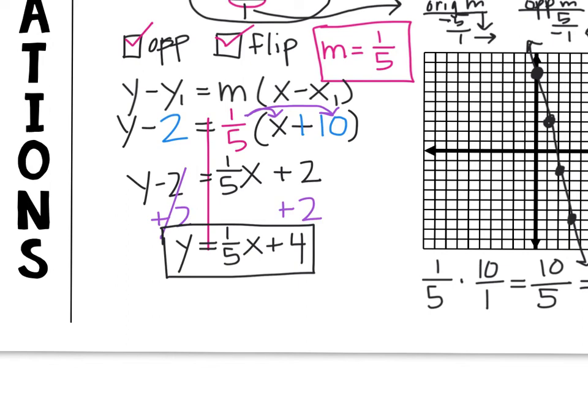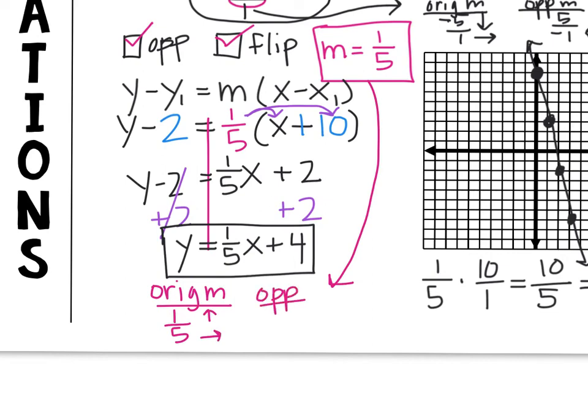I'm going to take my slope, and I know that I'm going to have to graph in a minute, so I'm just going to go ahead and identify my original slope, which is positive 1 over positive 5, meaning I would go up and to the right, and my opposite slope, which is negative 1 over negative 5, which means I would go down and to the left.